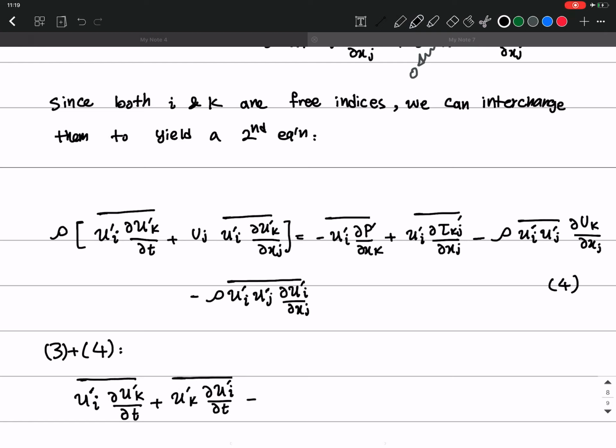If we do that, based on your calculus, the derivative of a multiplication, this equals partial u prime i u prime k over partial t bar. Right, and then we can take the partial over partial t out of the average, right? So this will equal to this, and similarly, we are going to do the same thing for all the other terms. So what we are going to get is this.